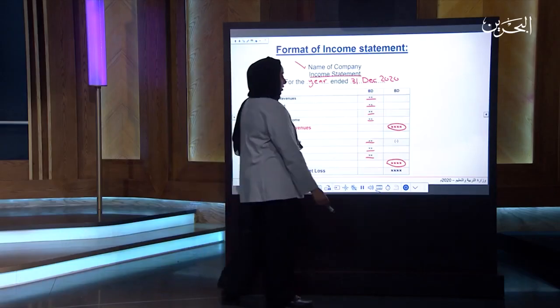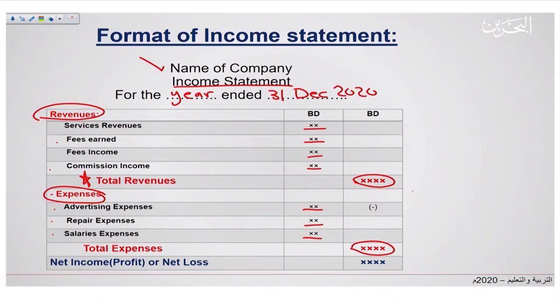Then we will take a look. If the total revenues are higher than the total expenses, then we are making net income. And if we are losing money, like the total expenses are higher than the total revenues, then we are making a net loss, which means that we are losing money in our company.